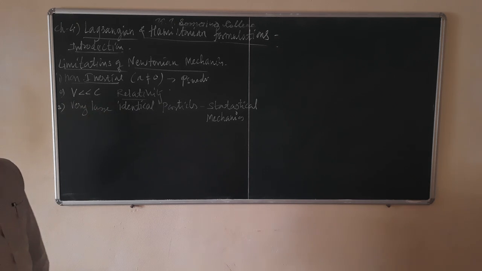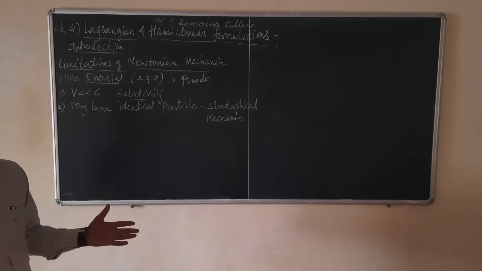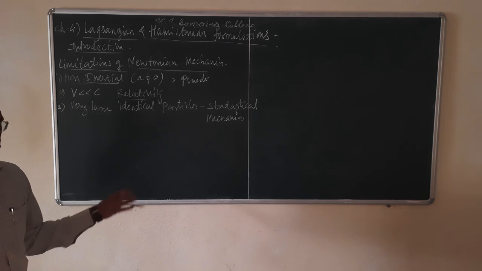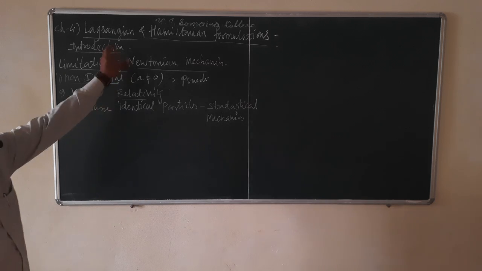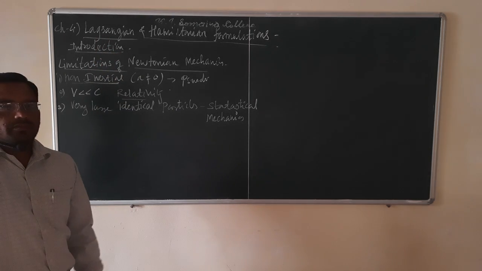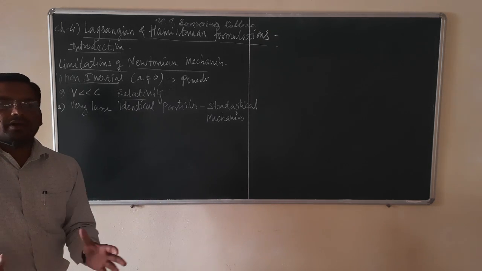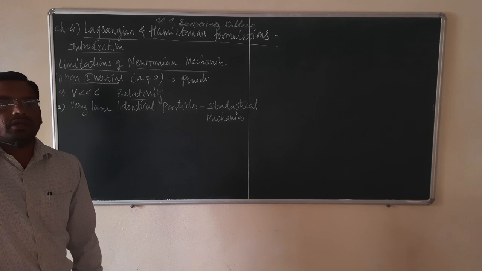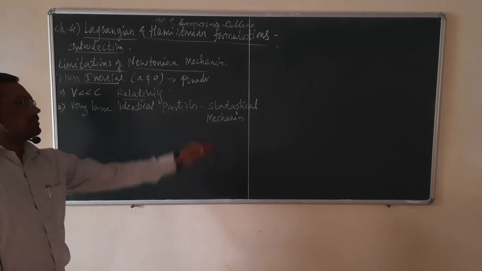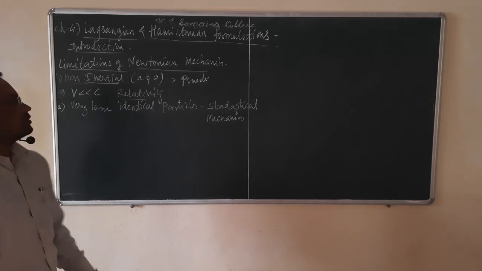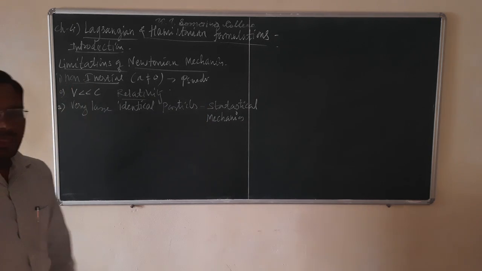Two or more particles can satisfy Newton's laws of motion, but with a very large number of identical particles it is not necessary that all particles follow these laws. There we have to talk in terms of probability, and that's why we apply statistical mechanics. So these are the three limitations of Newtonian mechanics.